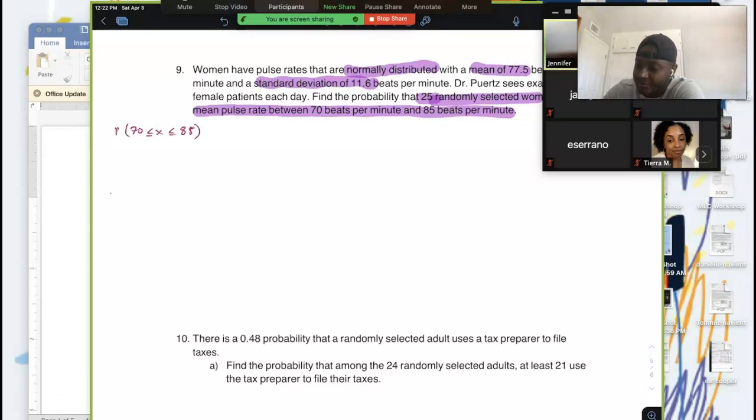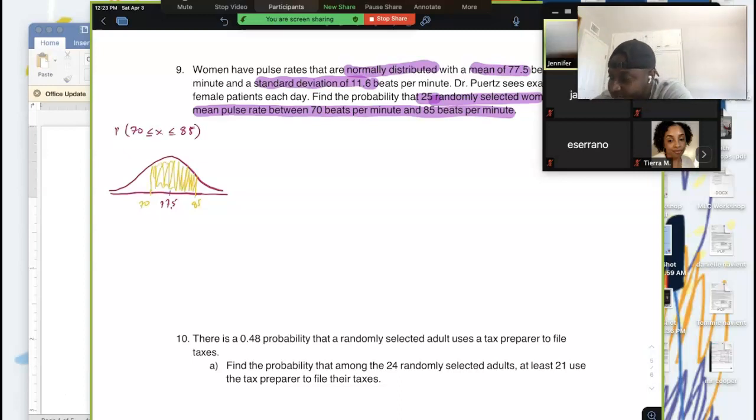We're starting off like this with our 77.5 in the middle. 70 here, 85 here, and we want to find the area between these two.